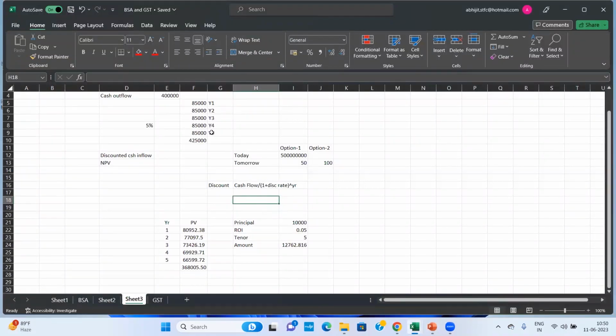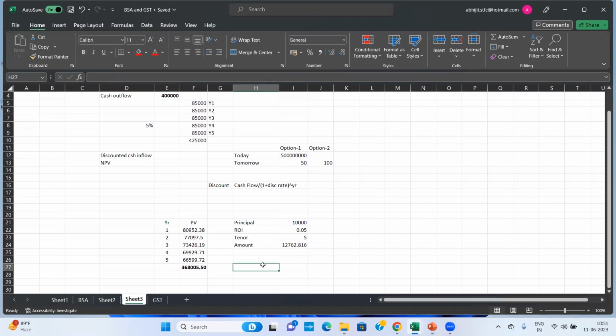Now, what we are going to do is the entire present value of cash inflow is 3,68,005.50. What is my cash outflow? It is 4 lakh. So it is actually negative.